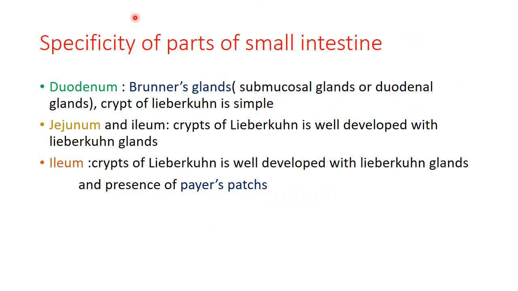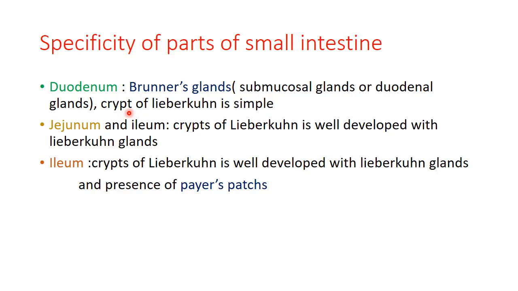How can we differentiate the different parts of the small intestine? In the duodenum, there are Brunner's glands in the submucosal layer, hence they are also known as submucosal glands or duodenal glands. Also, the crypts of Lieberkühn are very simple in the duodenum.